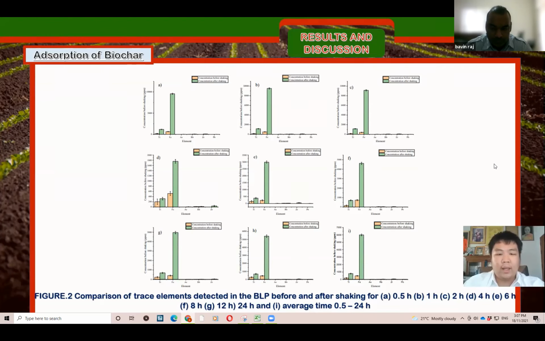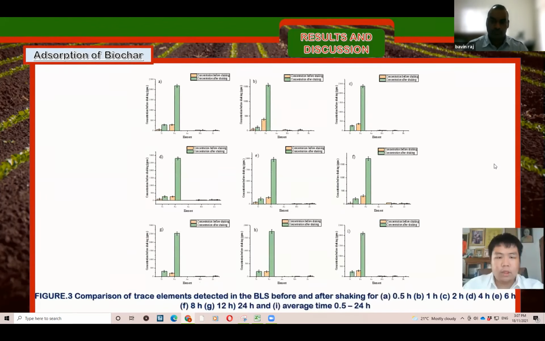The highest element is iron, which had a concentration of 5,993.96 plus minus 122.68 ppm.